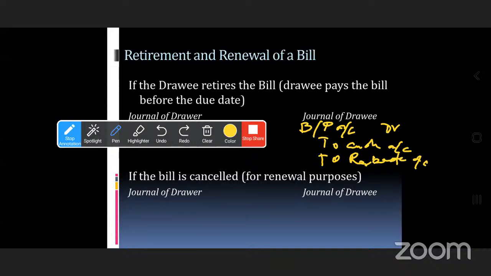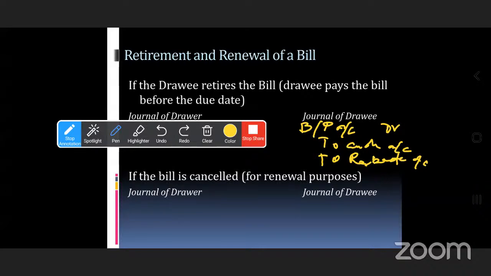That is, when the bill is dishonored, we will be writing drawee's personal account debtor to bills receivable account. The same thing here we will be writing. Here we will be writing the narration as will be renewed. That is, the bill is cancelled and the bill is being renewed.